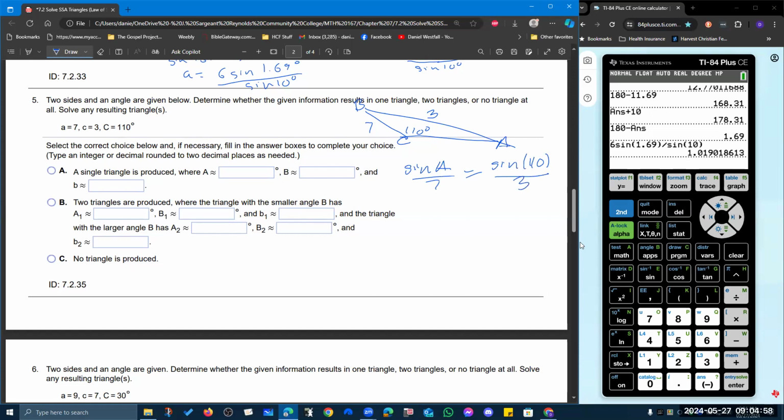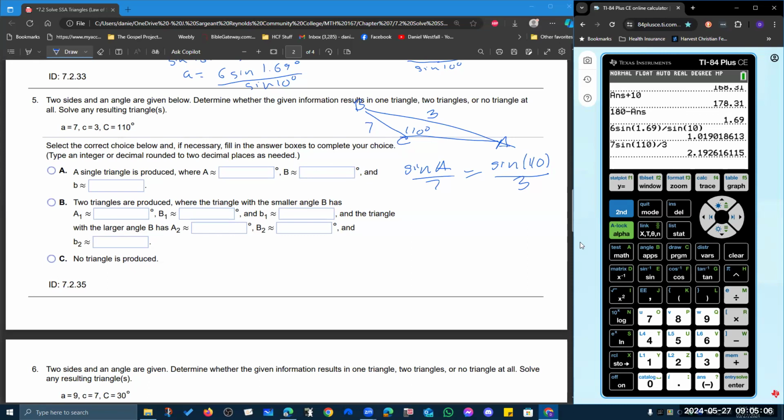So what's 7 sine of 110 over 3? Let's see if it's too big. That's what I thought. Because that's bigger than 1, there's going to be no triangle produced here. So that side of 3 is not big enough to get down here and touch this base.